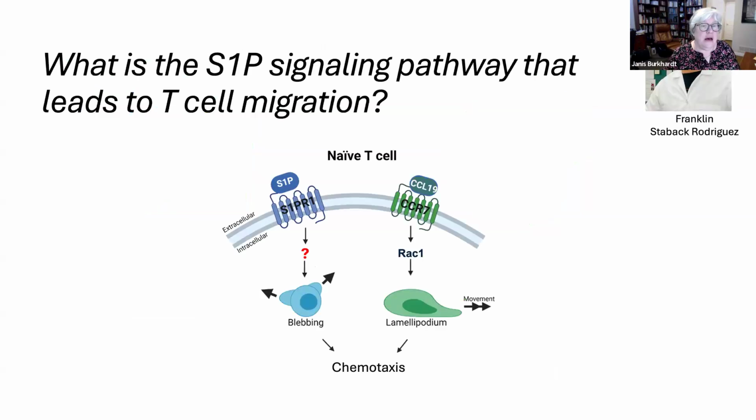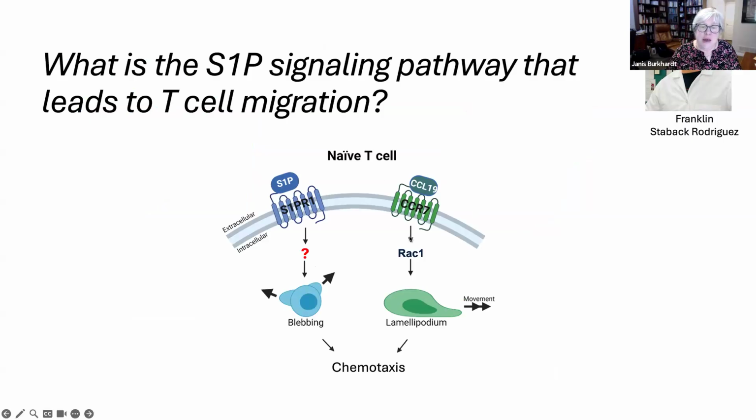In the time that's left, I want to switch gears a little bit and tell you a related story that Franklin Stabic Rodriguez, a former graduate student who's now a postdoc in the lab, has been working on, which is really trying to understand the signaling pathway downstream of S1P that leads to this bleb-based mode of T cell motility.